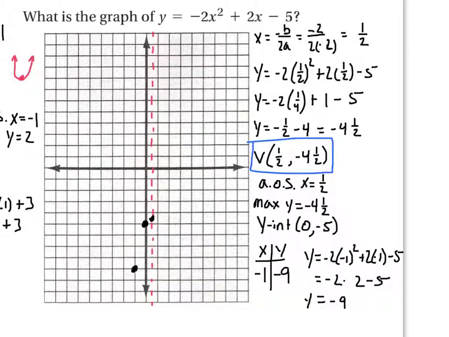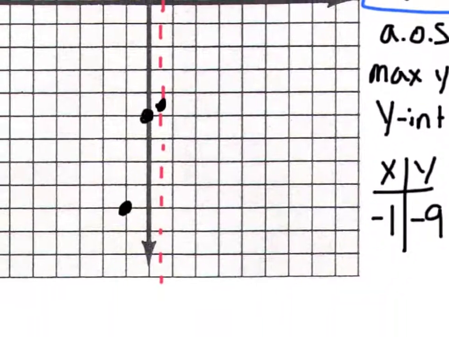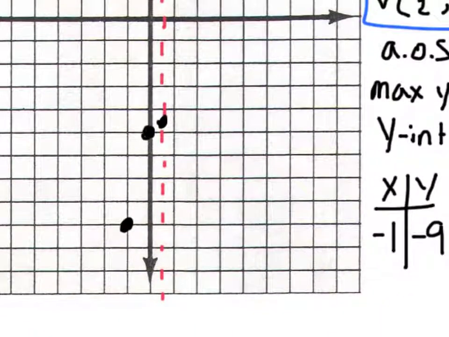Okay, before I finish this problem, I want to zoom in here a little bit, make sure everybody understands what I'm doing as I graph this guy. So to graph this, I need to mirror those things to the other side of my axis of symmetry. This point here is half a unit away from the axis of symmetry. So it gets reflected half a unit to the other side.